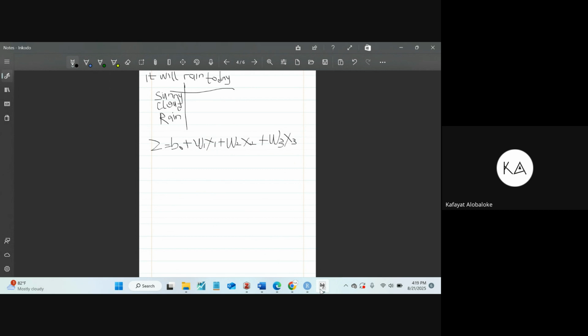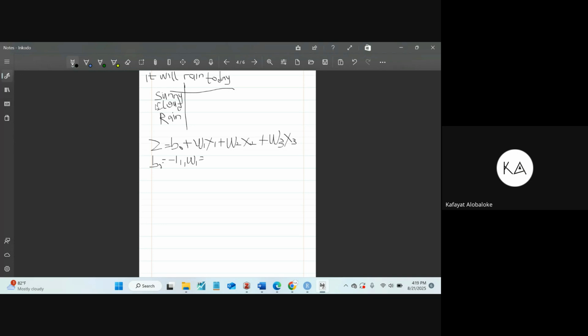What do I mean? Let's take, for example, we are given our intercept B naught to be -1. W1 in this case is referring to the weight of the first word, or the weight of the first feature.